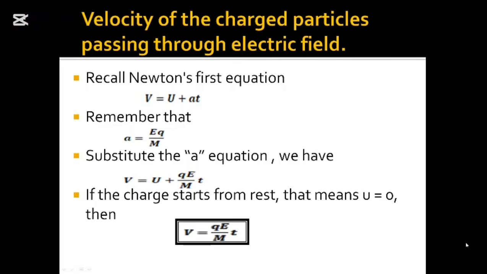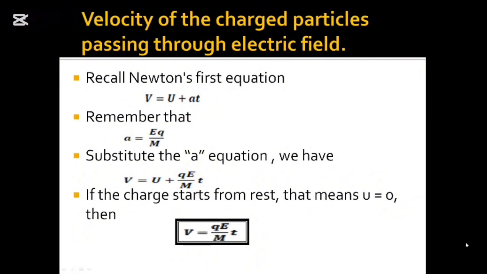Then there is something I want you to know. In your linear motion, in Newtonian motion, whenever we say a body starts from rest, it simply means that the initial velocity of that body is equal to 0. The same way, if we assume here that this body is starting from rest, since it's a charge entering the field, at the point of entering the field, the velocity there is 0.